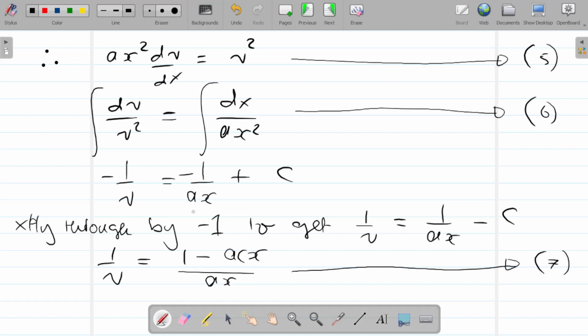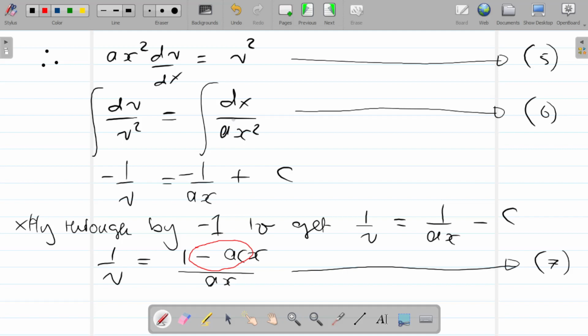Now I'm just going to amend this equation 7 slightly by replacing the minus ac with a plus b, the constant plus b. It doesn't really make any difference. You can keep the minus ac in if you want, but it's a bit easier and tidier if we replace this ac with the capital constant b.